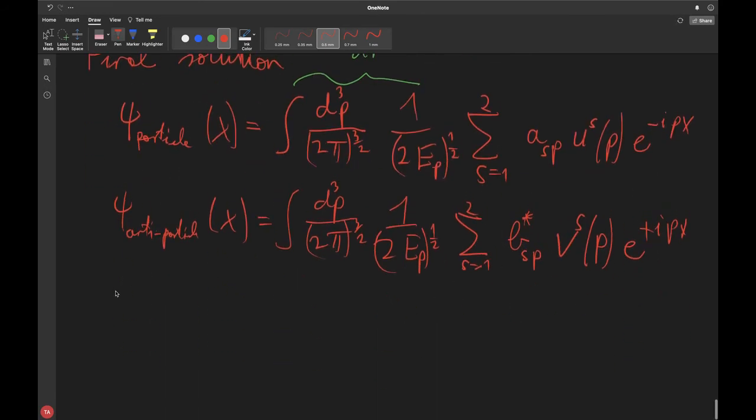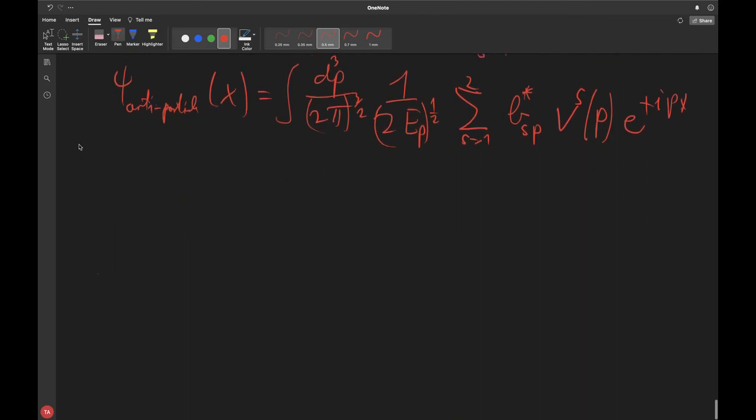So if we want to describe the Dirac field as a whole, then the Dirac field is going to be the sum of these particles and antiparticles.